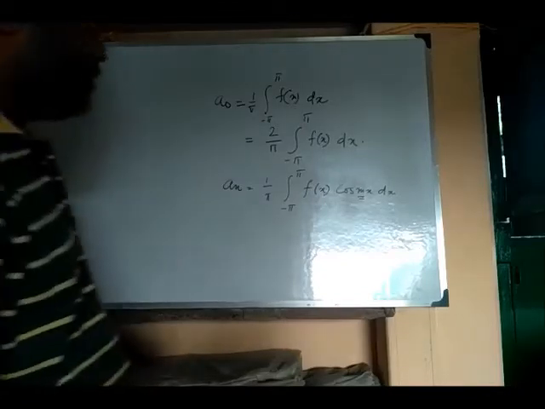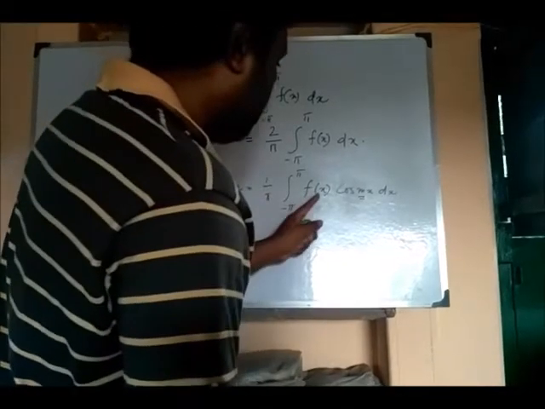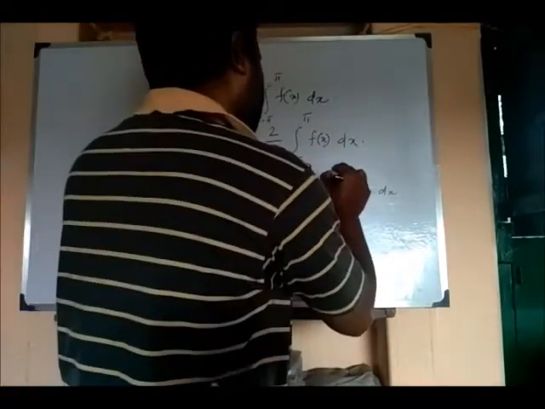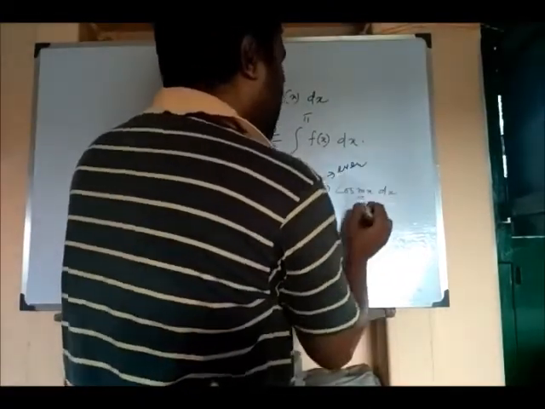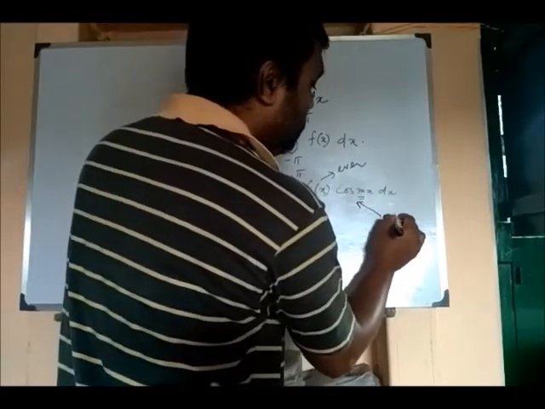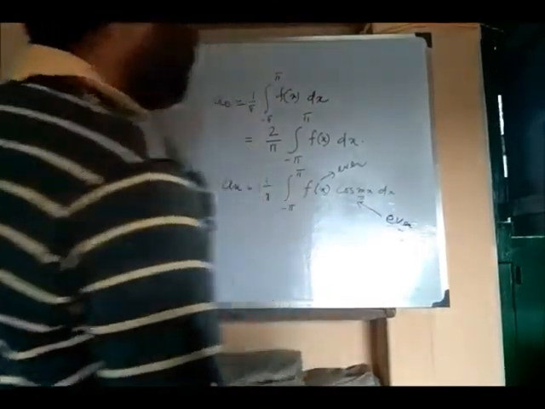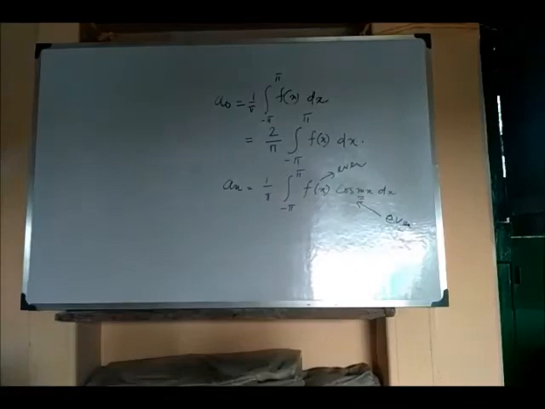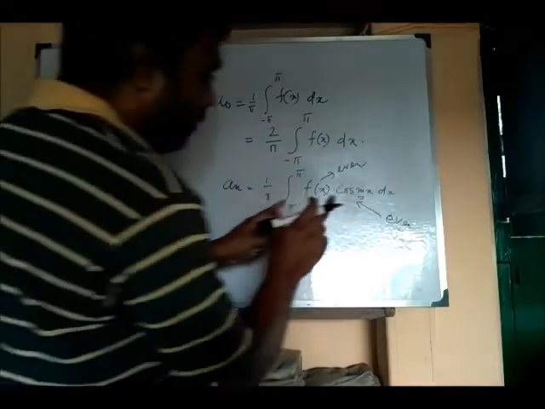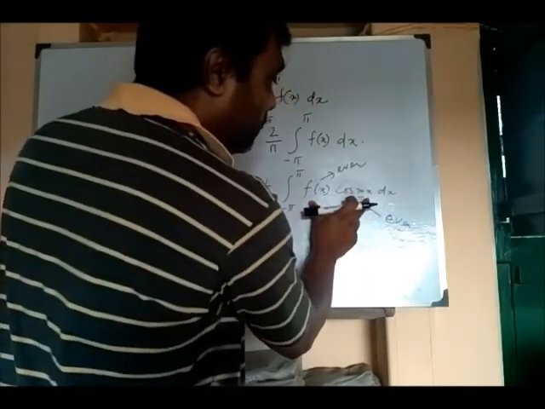As this is an even function and cosine mx is also an even function, you are using a combination of two even functions.